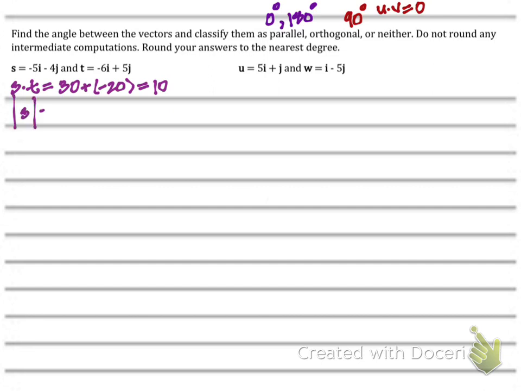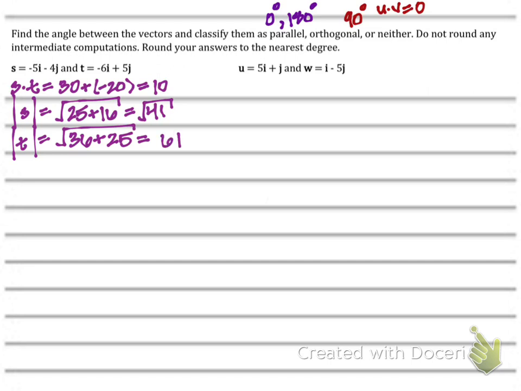The magnitude of S is going to be the square root of 25 plus 16, which is the square root of 41. The magnitude of T is going to be the square root of 36 plus 25. Again, we're just using the Pythagorean theorem, which is the square root of 61. So I'll call theta the angle between them.